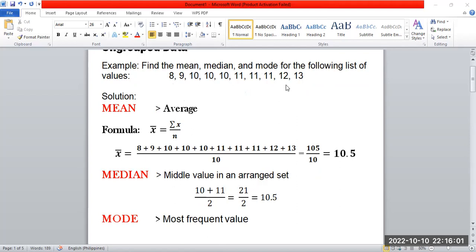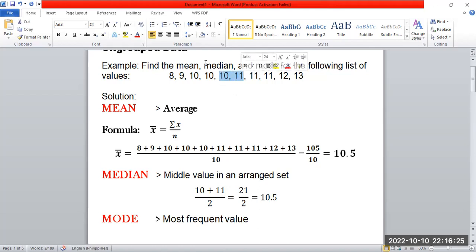So what you're going to do, since there is no middle number, we need to get the two middle numbers and then i-divide natin sa dalawa kasi hinahanap natin yung middle nila. Hatiin ninyo, so divided by 2. So the middle numbers are 10 and 11.